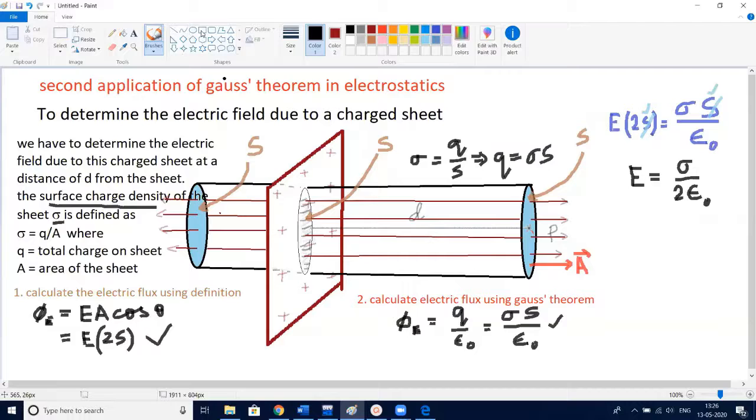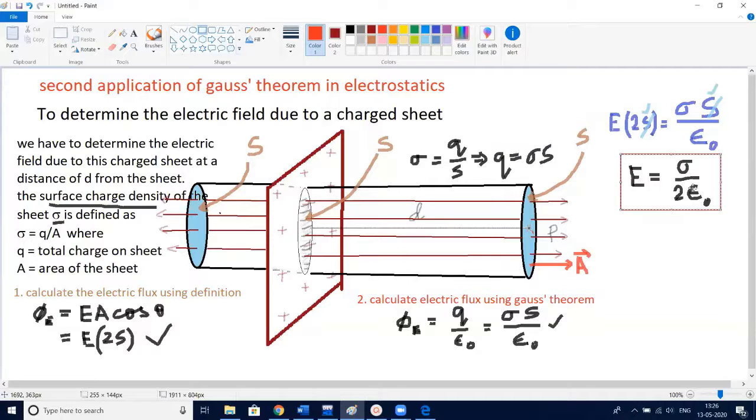So here we have the electric field due to a charged sheet, which was actually the objective behind our discussion.